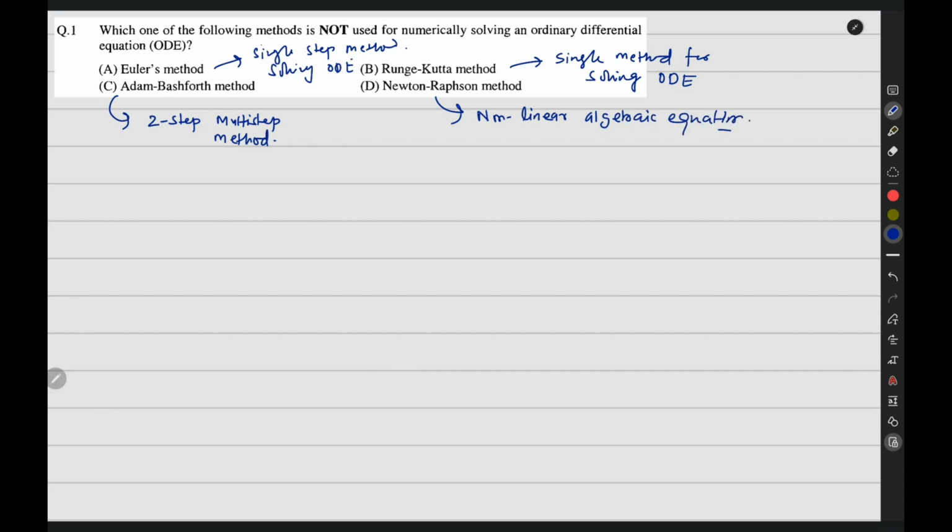So for this question we can easily say that the Newton-Raphson method is not used for numerically solving differential equations. This question came in GATE 2011 for 1 mark.